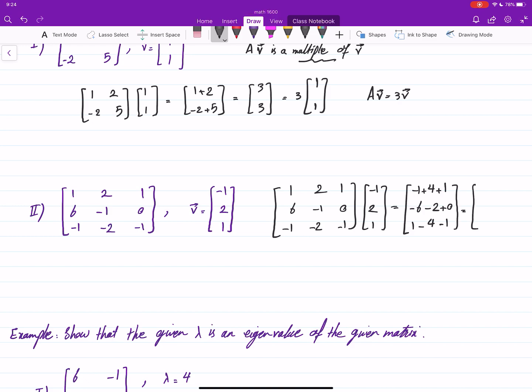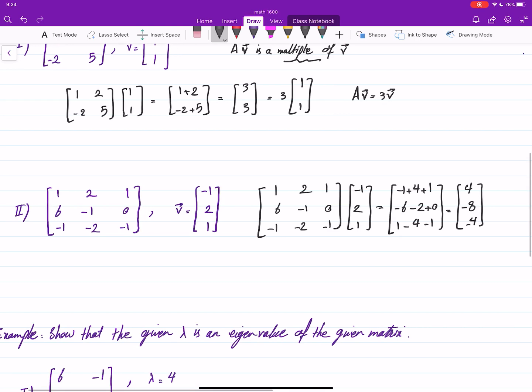And this is just 4, negative 8, and negative 4. Here I have to show that this is a scalar multiple of the vector we started with, so negative 1, 2, and 1. And as you can see, it is the same vector v multiplied by negative 4. In other words, Av is negative 4v.